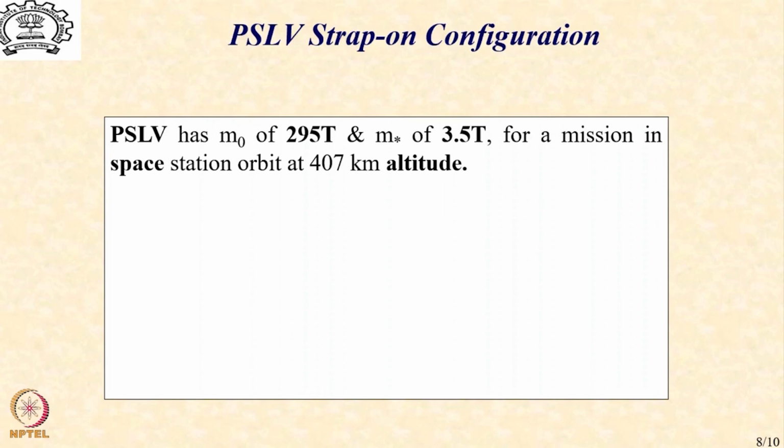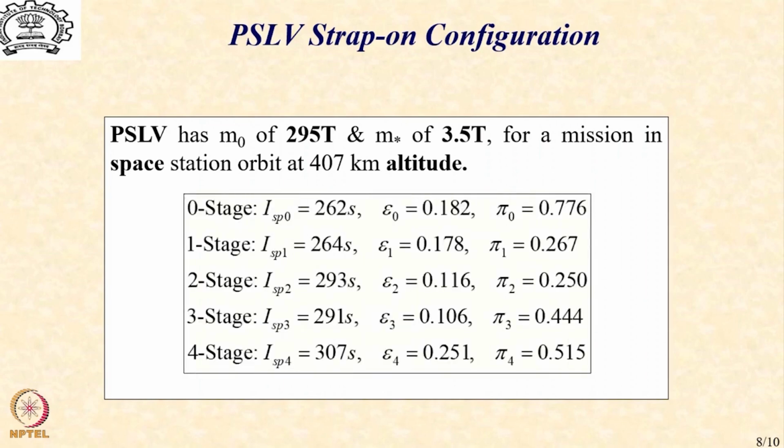If you look at the data sheet of PSLV, the basic PSLV has a lift-off mass of about 295 tons and can launch a payload of about 3.5 tons for a mission in the space station orbit, which is at around 407 km altitude. The overall configuration of the PSLV which can perform this operation is as given below.